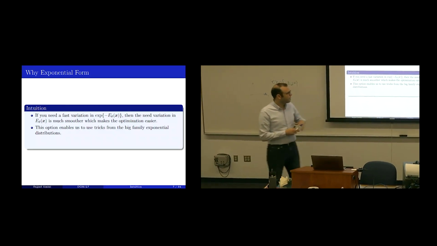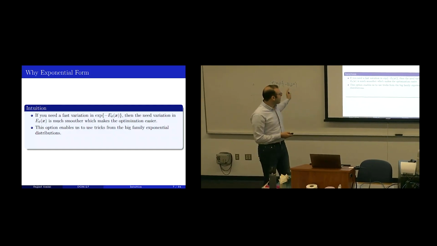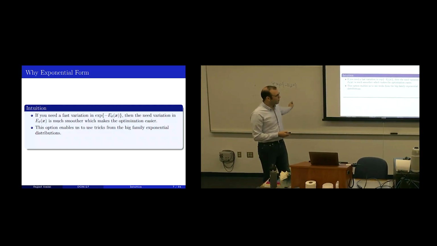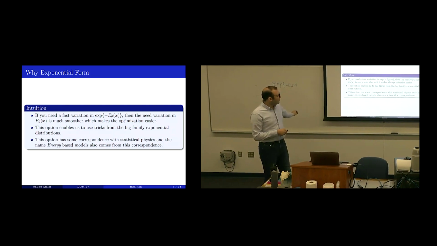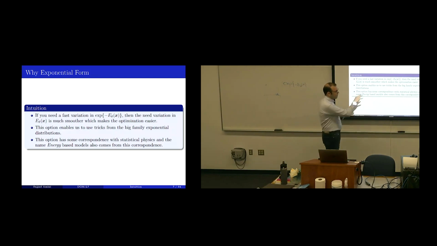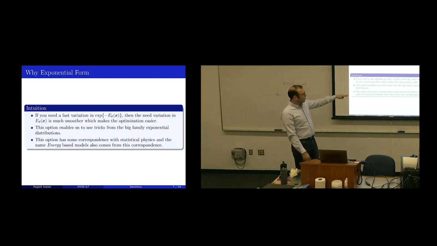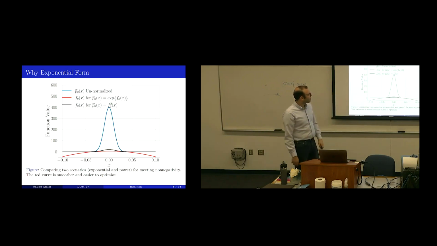So this is the next feature that makes the exponent one of the best options. And the last one is that there is some resemblance between statistical physics and this concept of the exponent of minus E theta of x. This is not the topic of this course, but this resemblance also provides some intuition to select the exponent.